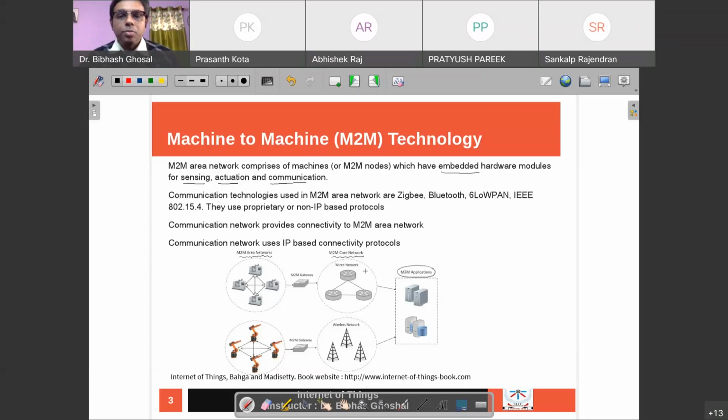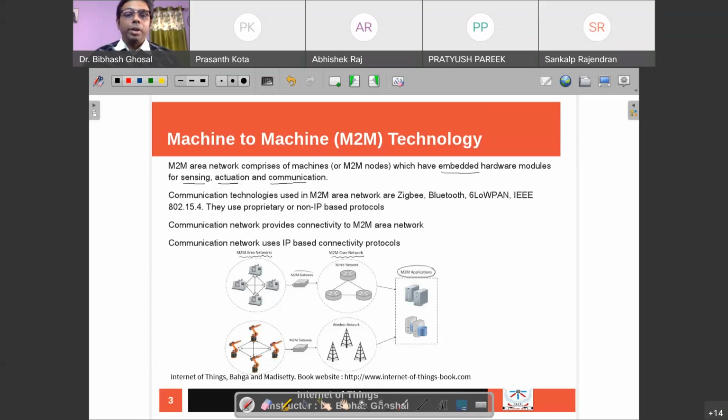Now these applications will be running on some cloud or some resourceful infrastructure. So there is one network that connects those machine networks, which are low range or low power networks, to the resourceful network.